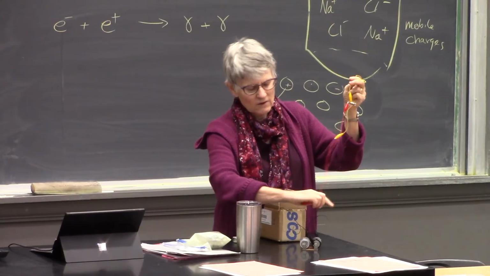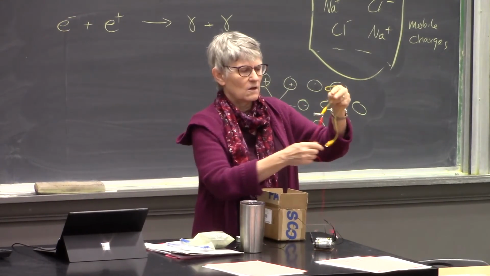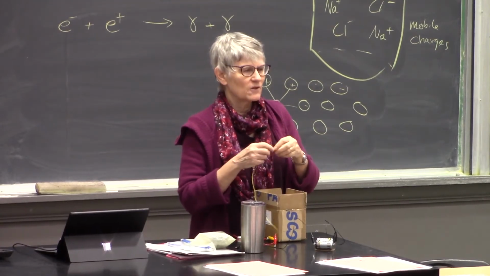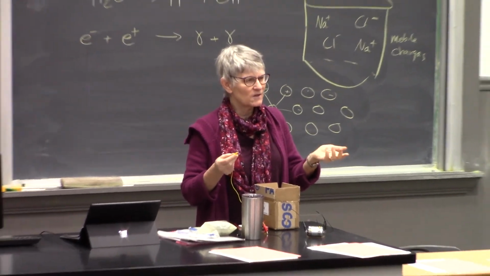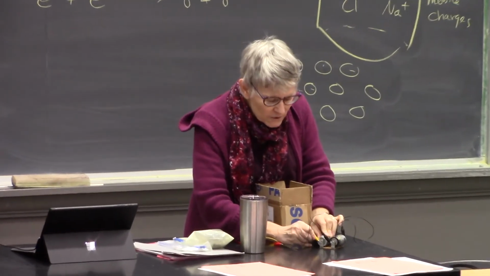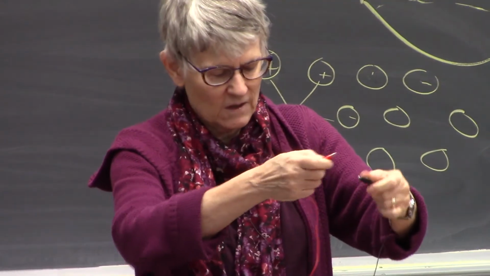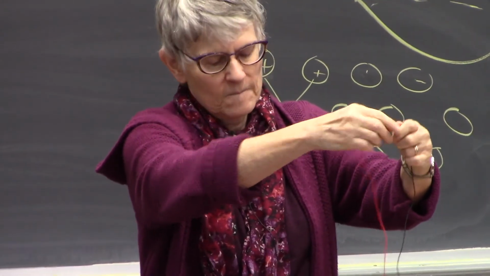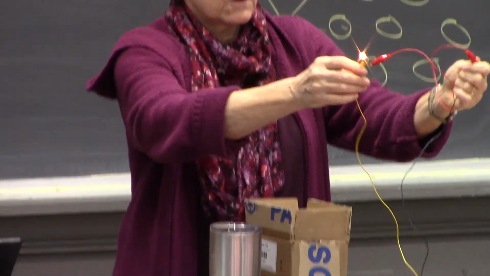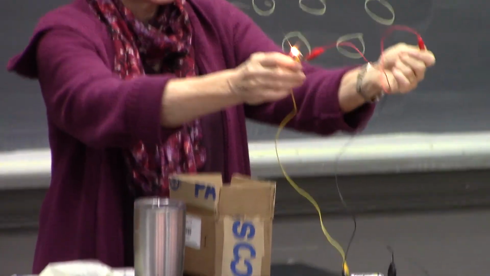So how do you decide if something's a conductor or an insulator? You probably actually have a fairly good intuitive idea of what's a conductor and an insulator. There are a few surprises. But here's our light bulb driven by batteries.